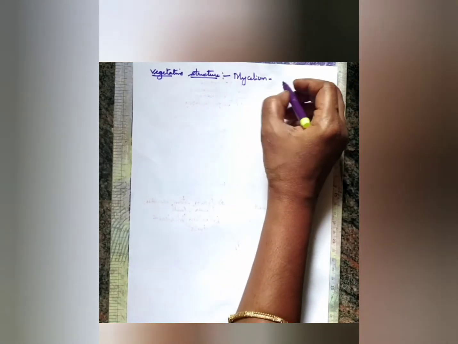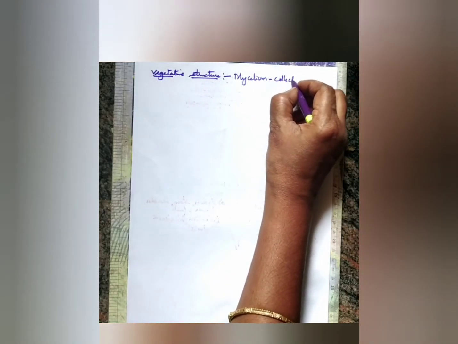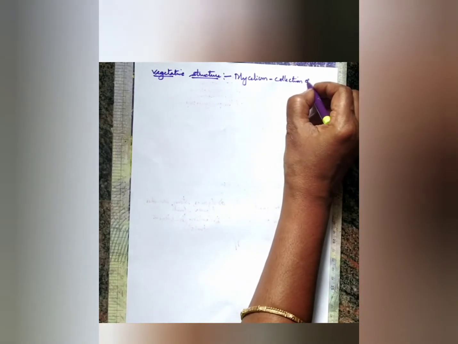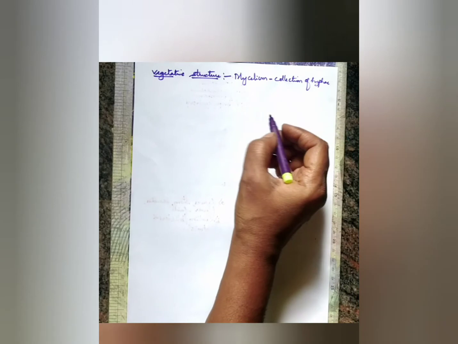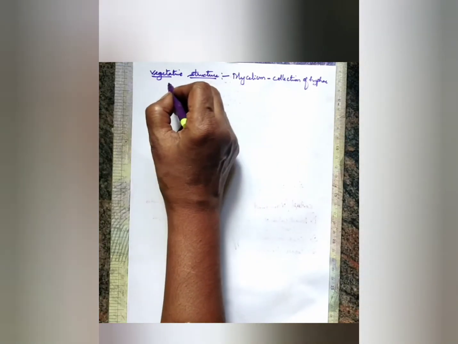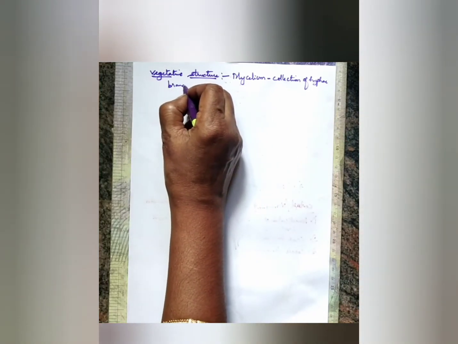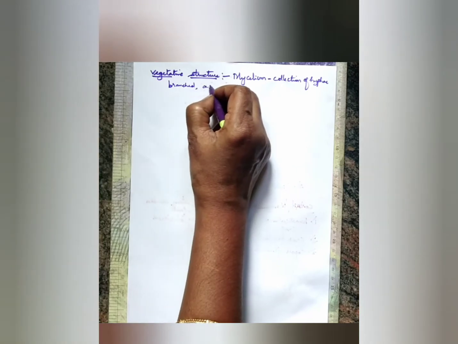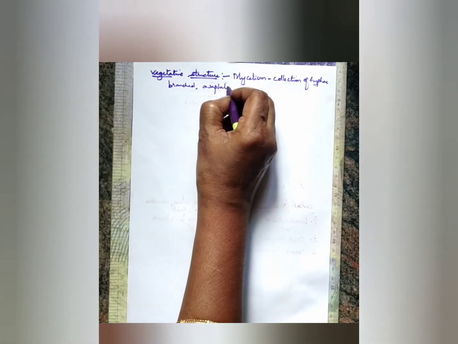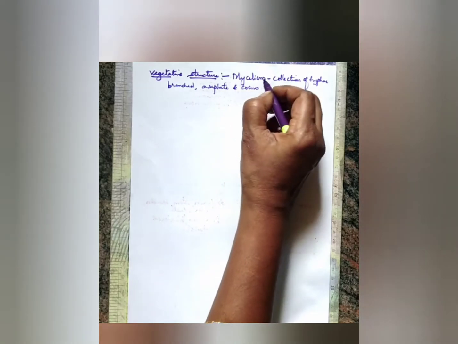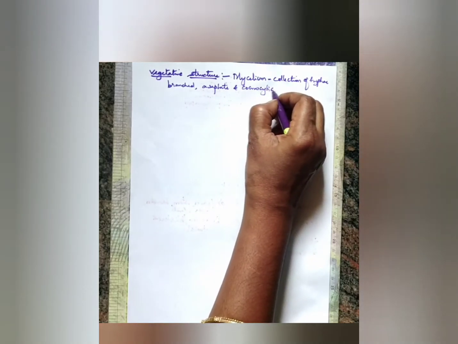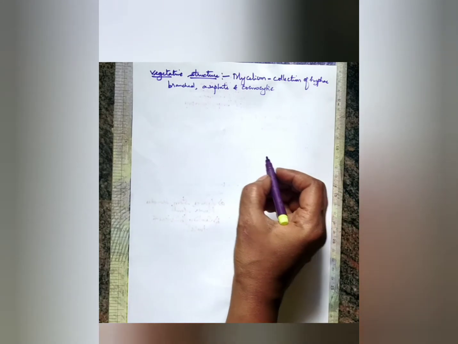Mycelium is nothing but a collection of hyphae. This mycelium is highly branched, aseptate. Aseptate means cross walls are absent, and it is multinucleate, also called coenocytic.